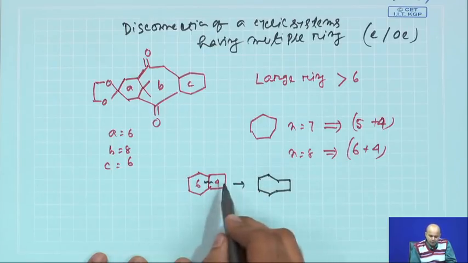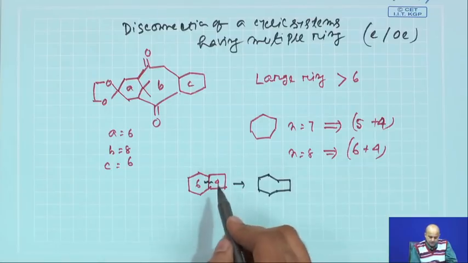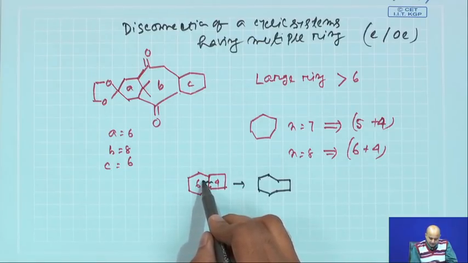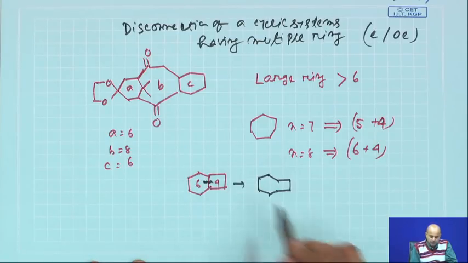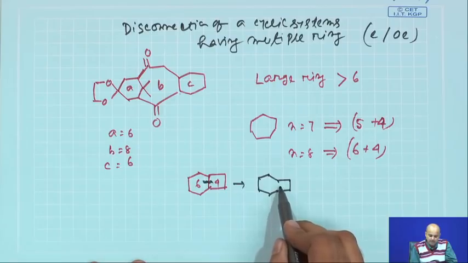So, 6-member and 4-member, if it is linearly fused, basically you can cut the fusion bond by some reaction to get an 8-member ring.